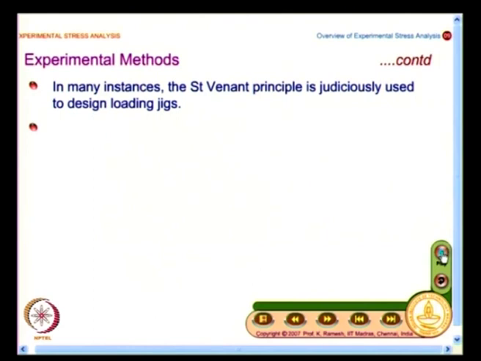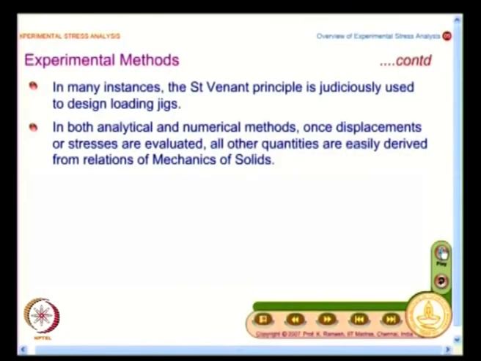What it says is, at distances away from the point of loading, the distribution is similar to what we finally want. So, you will have to use Saint-Venant principle and design your loading jig appropriately, so that it simulates the service load condition as closely as possible.